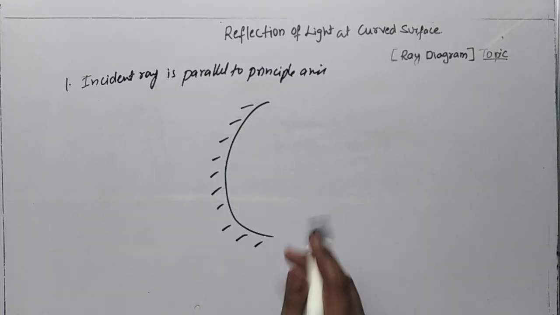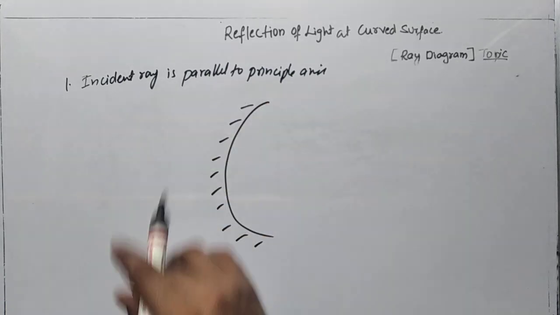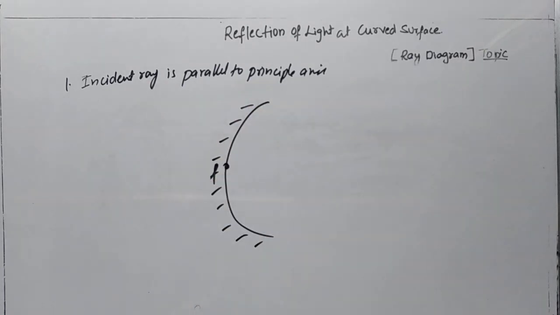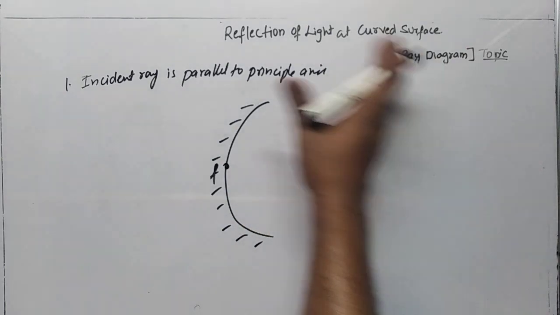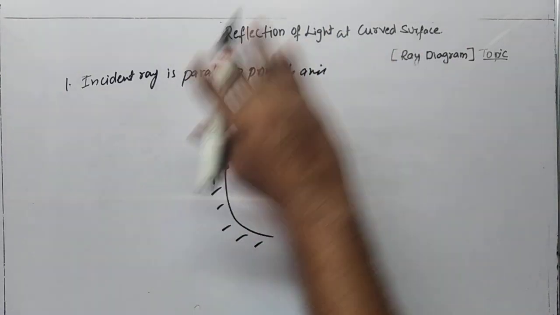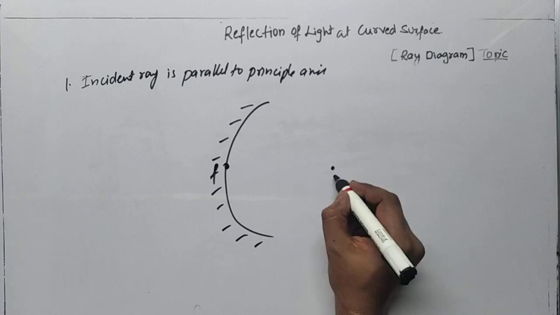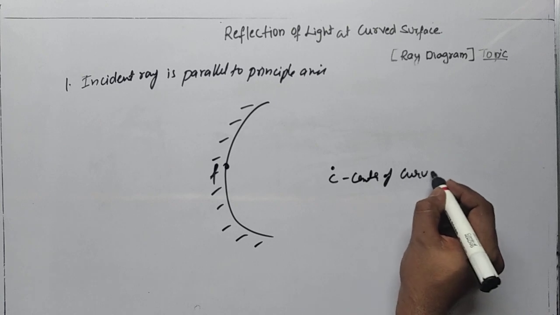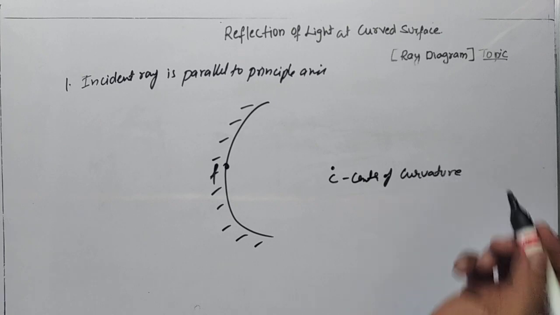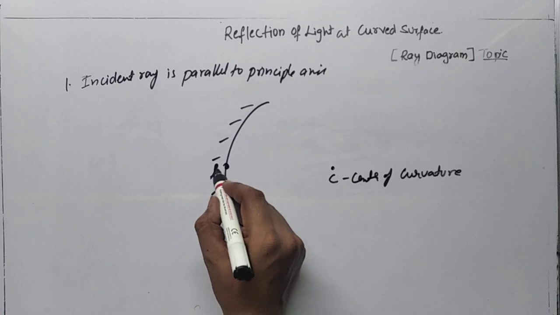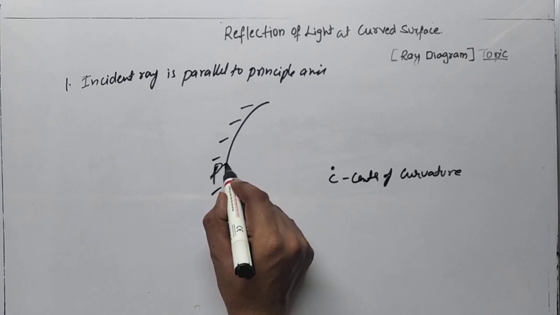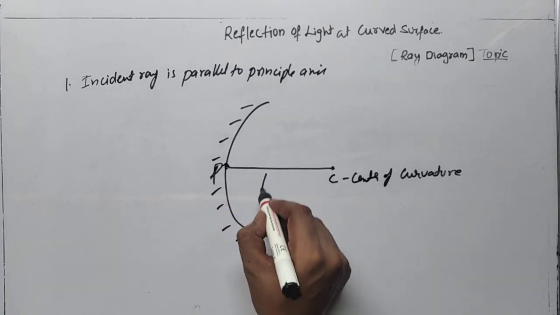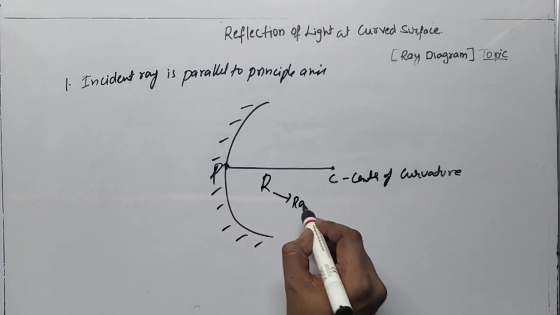You remember that in a concave mirror the midpoint of the mirror is known as the pole. This concave mirror is a part of a big sphere, it has a center. This is known as the center of curvature. The distance between the pole and the center is known as the radius of curvature.